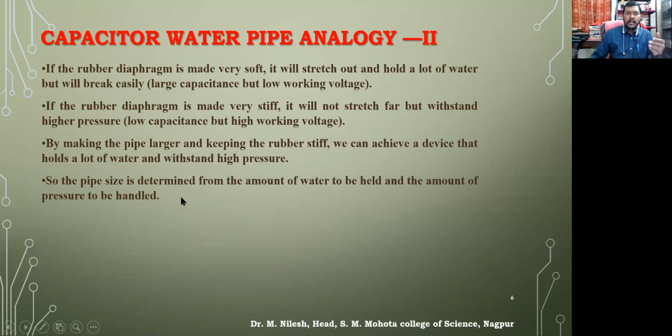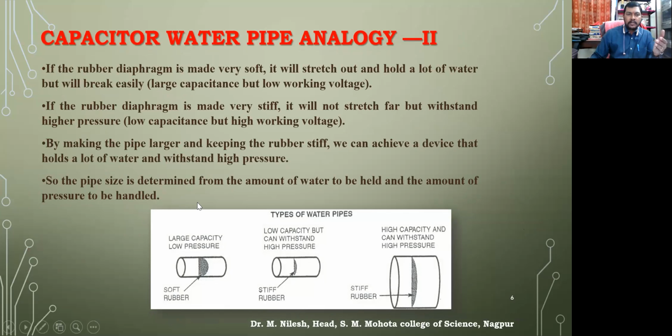You need to understand this, and this is one more example of the same concept that we are studying. If you put it in a small bore pipe, there is low capacity but it withstands high pressure, since the bore is a little bit larger here, and this one is very large.